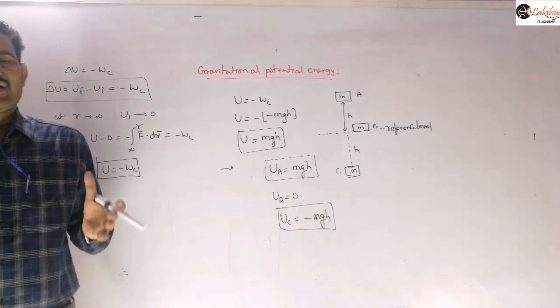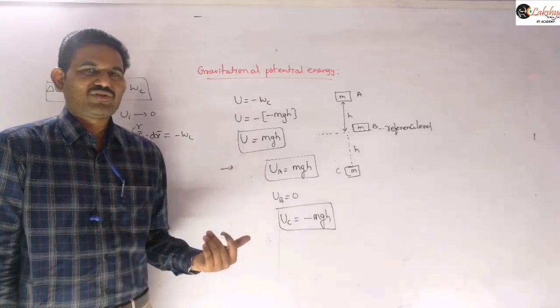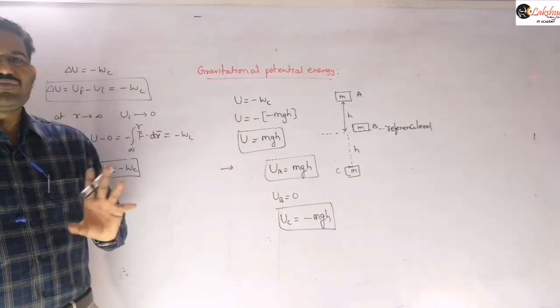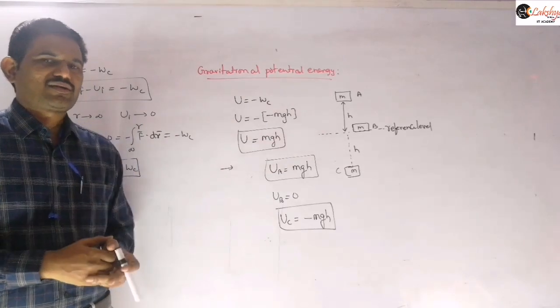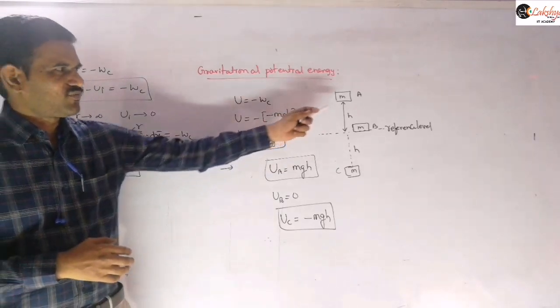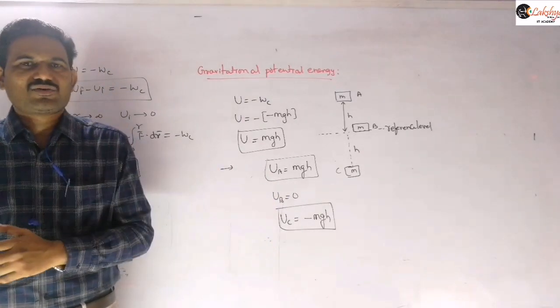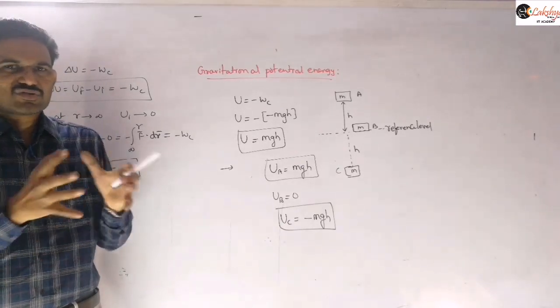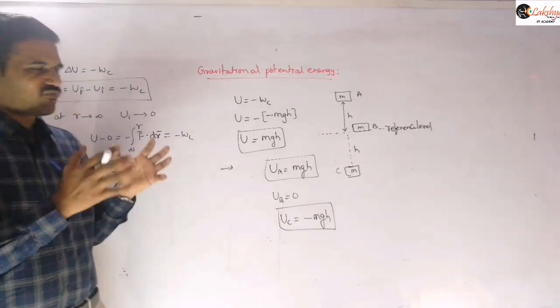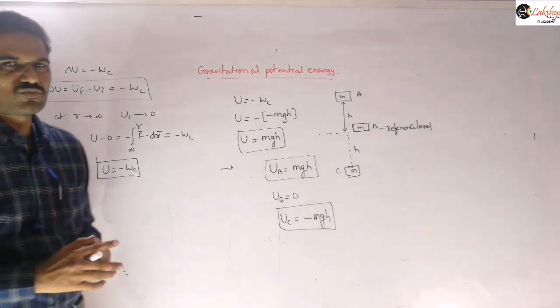You can't allot that energy to any one of the objects. When both the objects are present, only then is this amount of energy there. If this block is not there, then this amount of energy is not there. Similarly, if earth is not there, then this amount of energy is not there, right? So it is the energy associated with that system. So that is the simple thing about gravitational potential energy.